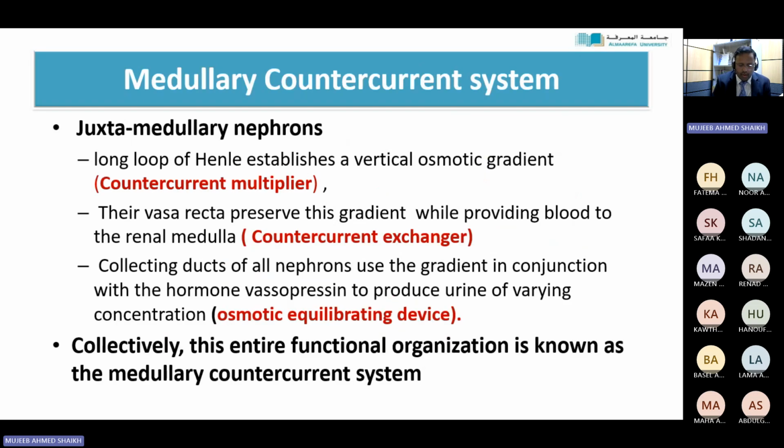Now, can you just go back to the first lecture where I discussed that there are two types of nephron. What are these two types?